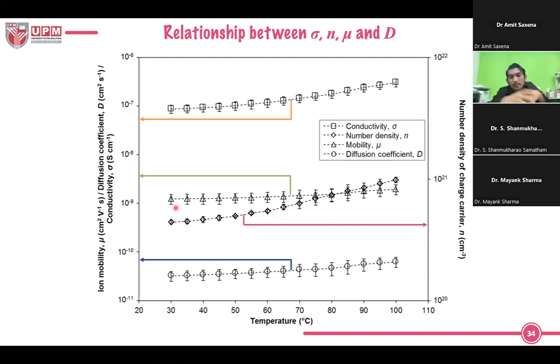This is maybe because when there is more salt in the polymer and more free ions in the electrolyte system, they may collide with each other. So the mobility does not increase much because they collide frequently in the system, so the mobility cannot increase so much in the electrolyte system when we increase the temperature.